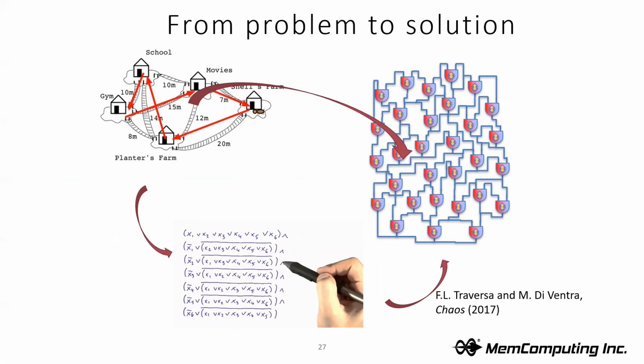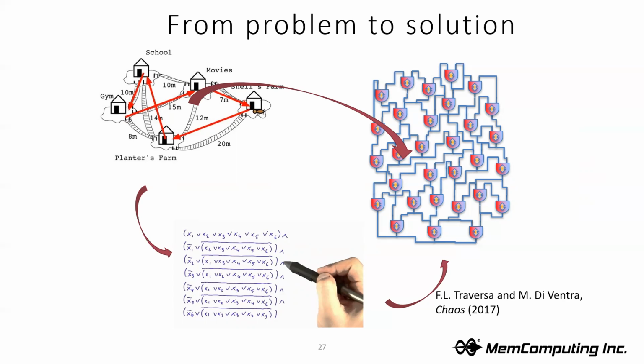How do we use those? We can take our problem, whatever it is, write it down as a set of Boolean formulas, and then build a circuit that embeds these Boolean formulas. So we are creating a self-organizing circuit that is specialized for that instance of a problem.